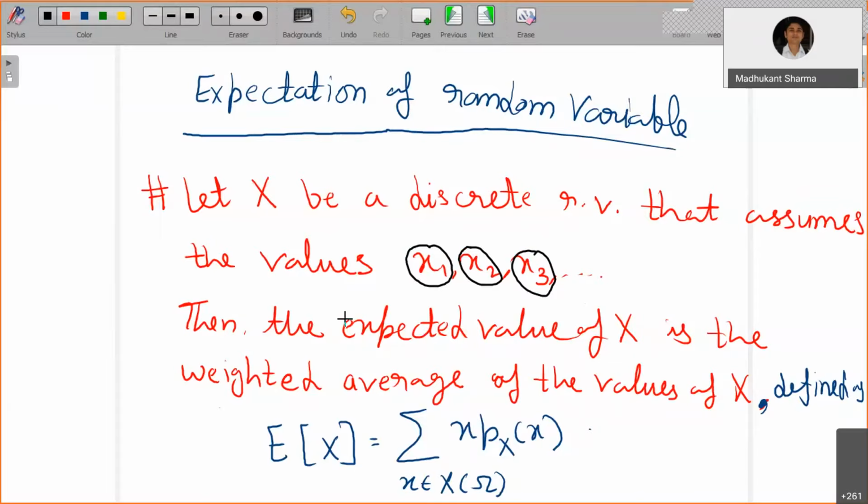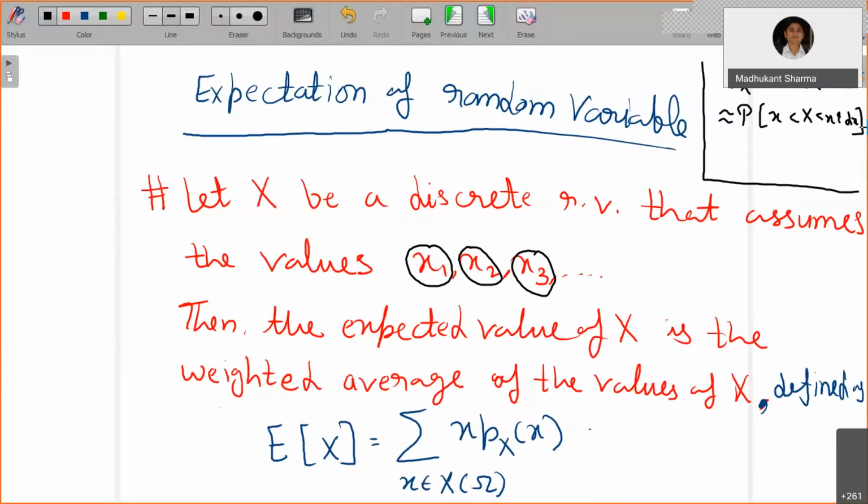Okay, so the continuous case is a natural generalization, because, as I have already mentioned in previous lectures, if you look at the individual density function fX(x), near x, in a small interval dx, it can be looked at as the probability of X lying in the interval x to x plus dx.